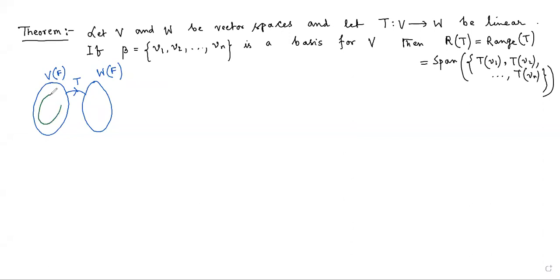Say, for example, this is a subset of V, and it contains the elements of V such as v1, v2, and vn, like this.